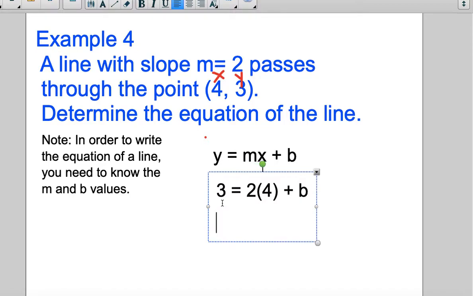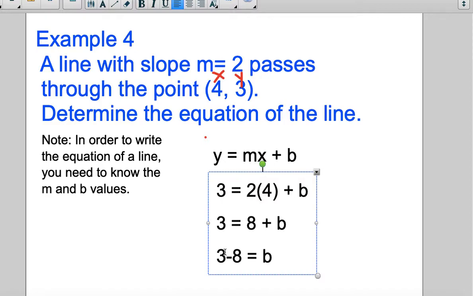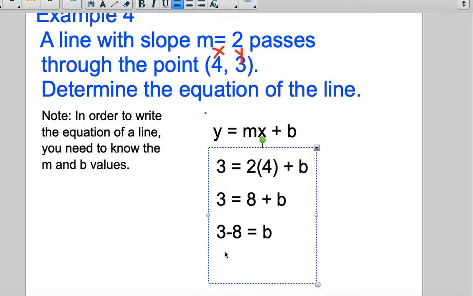So we're just going to solve like we did in the last example. We haven't done anything with that 3. 2 times 4 is 8 plus b. Then we're going to take this 8 and send it over to the other side of the equal sign by subtracting it. And our b value becomes 3 minus 8, which is negative 5, is equal to b.